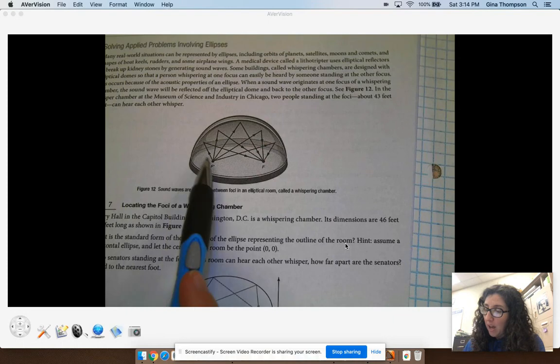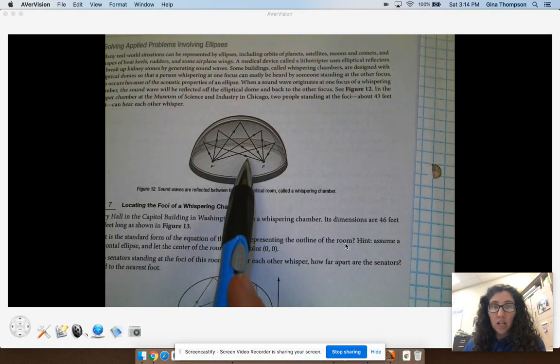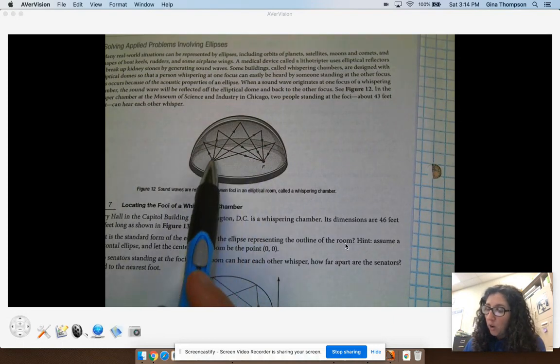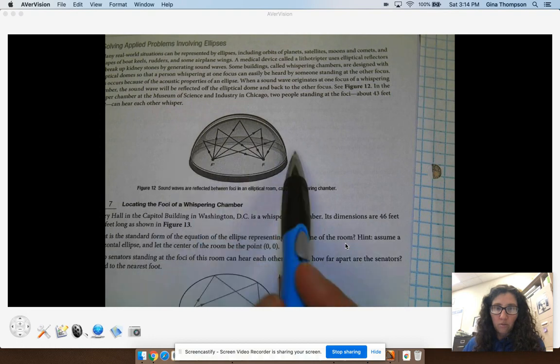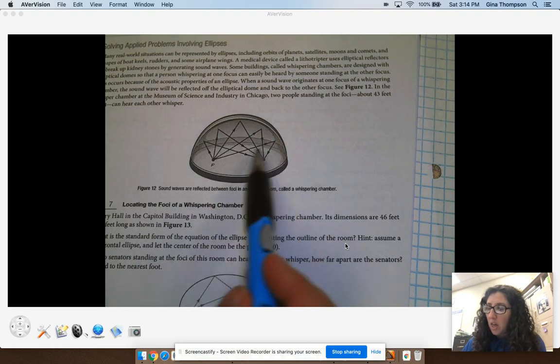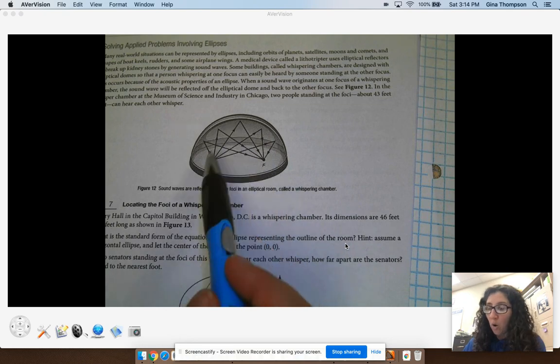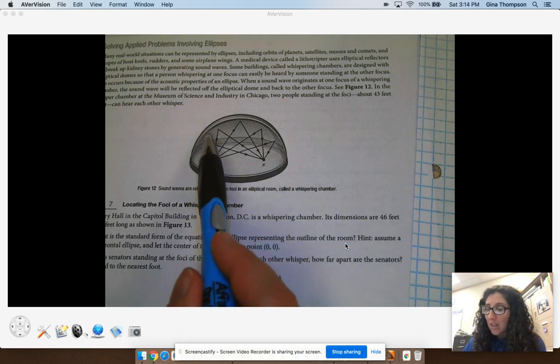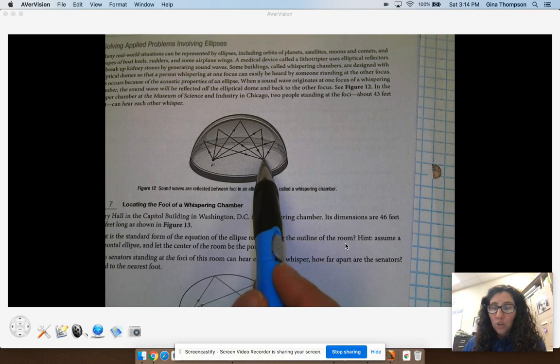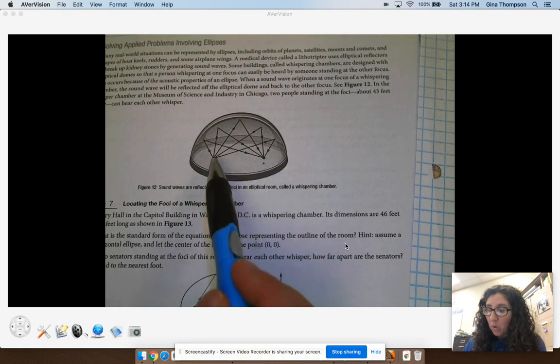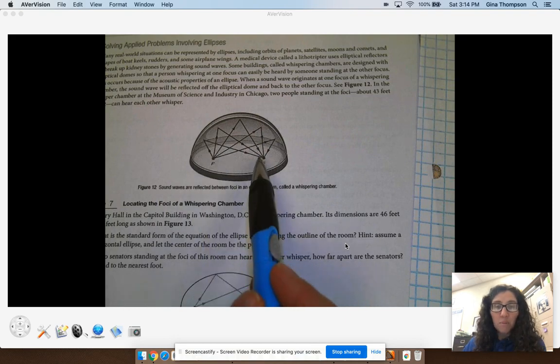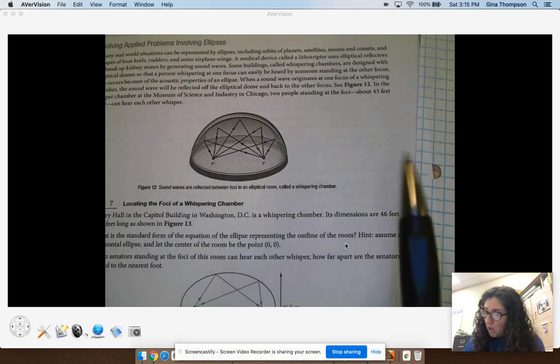If you've ever been in a specially designed whisper space, where if you have 2 people standing at the foci, if they whisper, and it's good acoustical material, all of the sound waves, wherever they go, bounce off and go exactly back to the other focus point. So the sound from here to here is very amplified, okay?